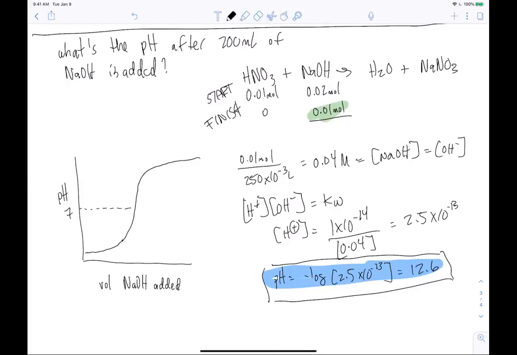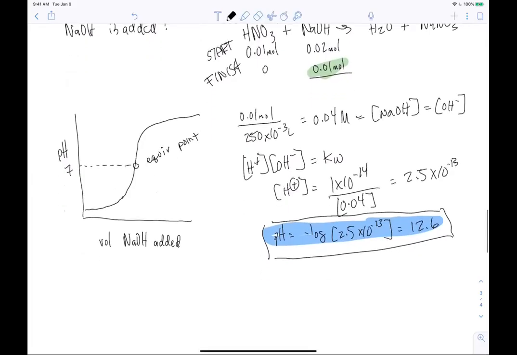Right here is our equivalence point for a strong base being titrated into a strong acid. In this case, this would be 100 milliliters. And this is where the moles of sodium hydroxide equal the moles of HNO3.